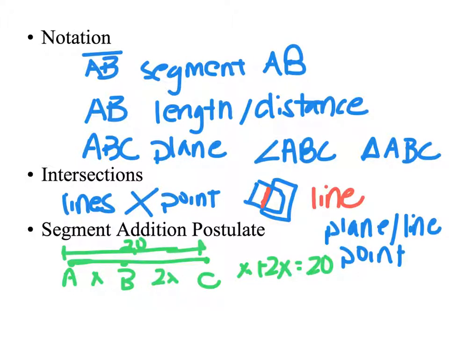It's not 2x, it's not 3x, it's a numerical value. When I combine like terms, this is a bad choice, I should have done 21, then x here equals 20 divided by 3. If I wanted to know segment AB, AB happens to be that value, but BC is 2 times that value, so it'd be 40 over 3. The difference is you have to understand what you're looking at. The segment addition postulate just adds segments together. I got some funky answers from people on that, so I'm assuming they did not watch the video.